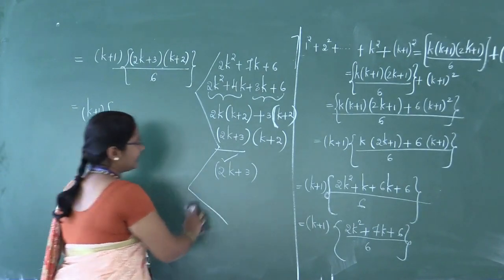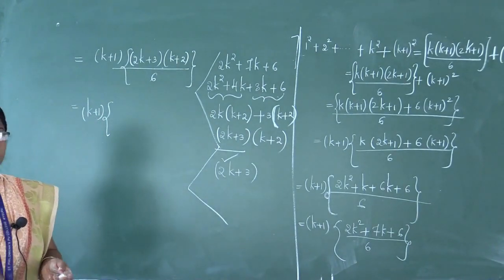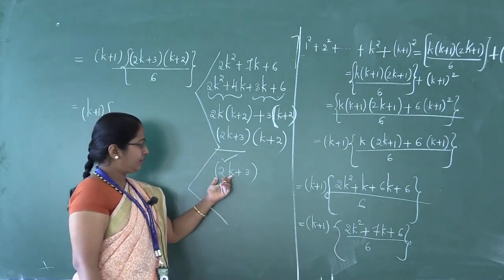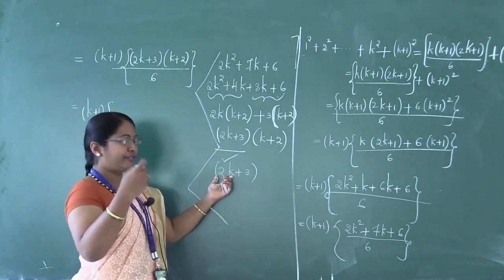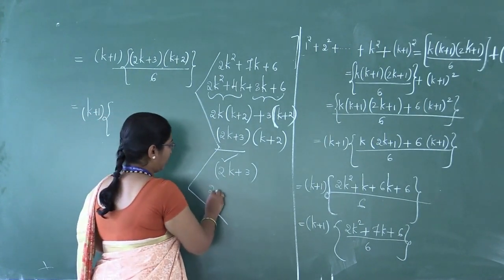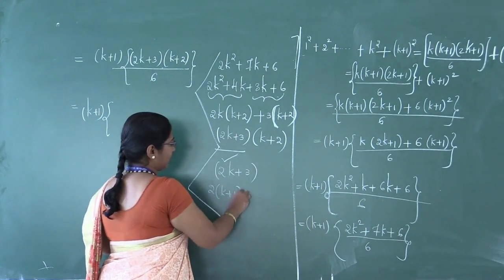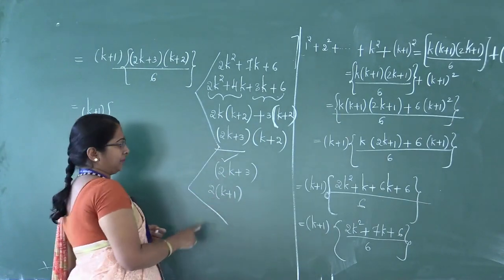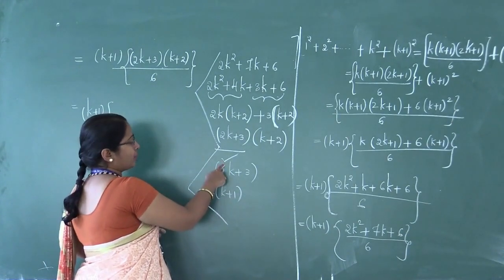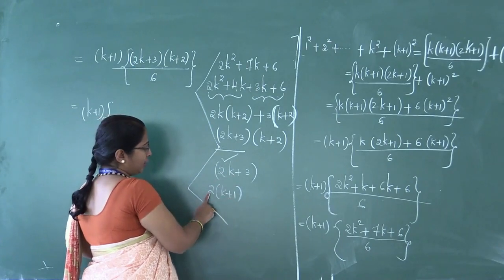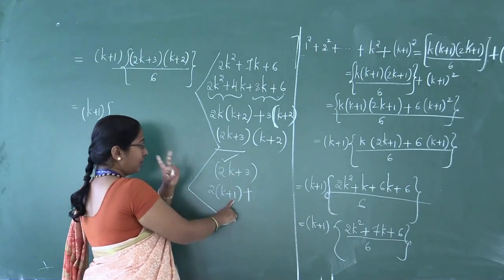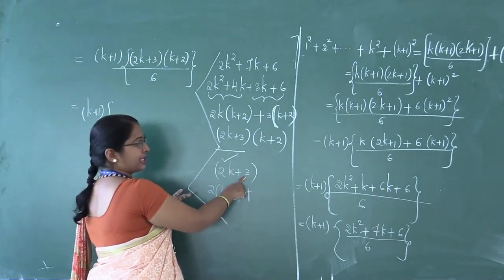I have to represent each term of k in terms of k plus 1. So I have here k. I have to represent it in terms of k plus 1. So what do I write? 2 into k plus 1, representing k in terms of k plus 1. When you multiply 2 into k, you're getting back 2k plus 2 ones are 2. 2 ones are 2 plus what number gives me 3?